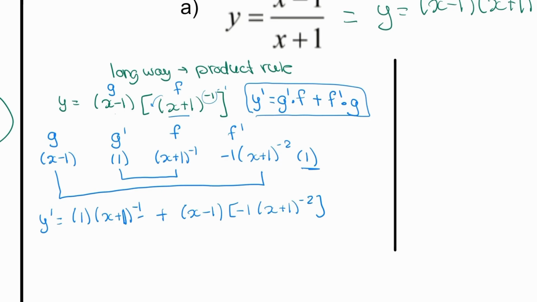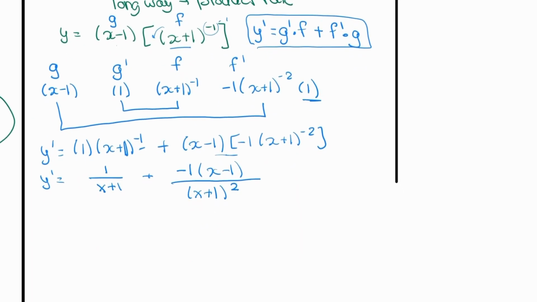Remember, if this is to the negative 1, this is the same as saying this is 1 over x plus 1. We're going to do the same thing to this side, and I have to multiply it through. So I have negative 1 times x minus 1 all over (x + 1) squared.